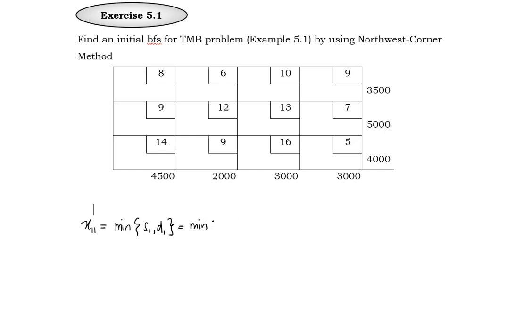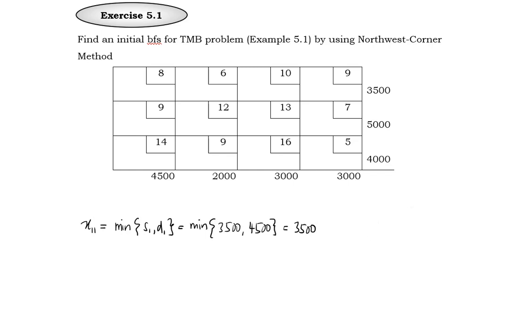S1 is 3,500 and D1 is 4,500. Between these two numbers, 3,500 is the smaller. Therefore, x11 is equal to 3,500.